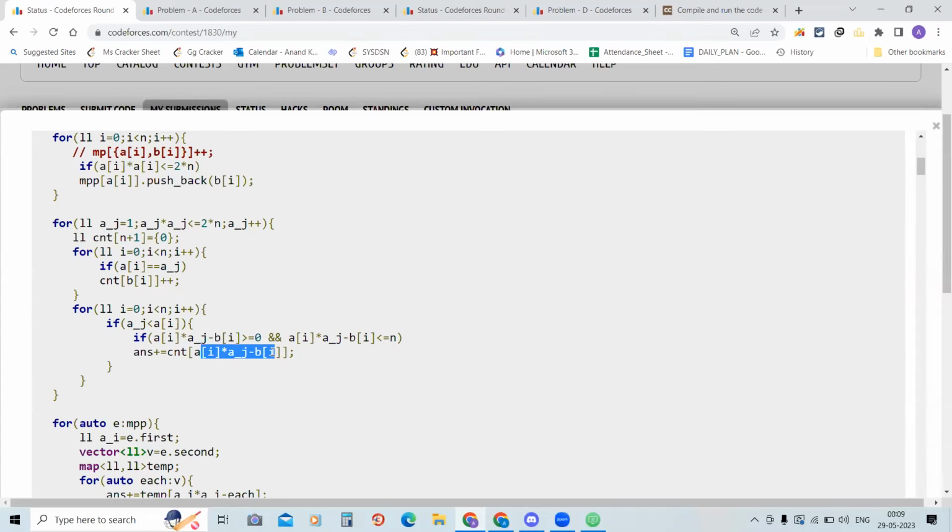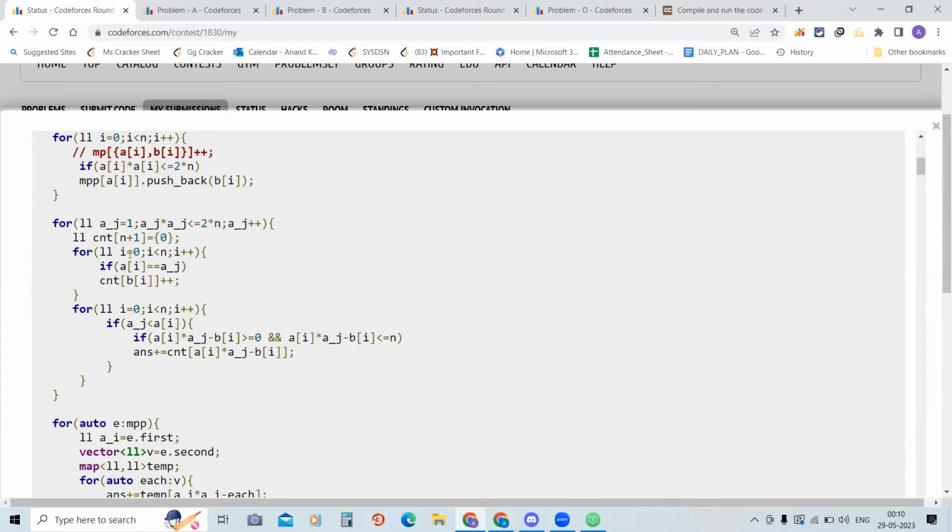Okay, so in the earlier case, we were maintaining in terms of pairs, like count of AI BI. But that was giving us an extra cost of log, because pairs count can only be maintained in a map. But now since we are fixing AJ, we have to just count the number of BI values whose AI is same as AJ.